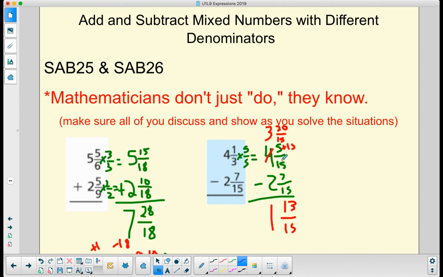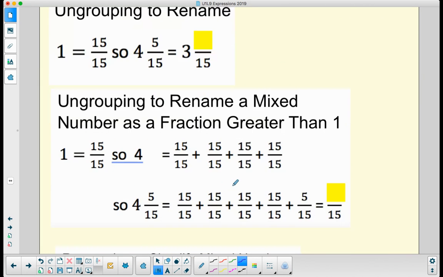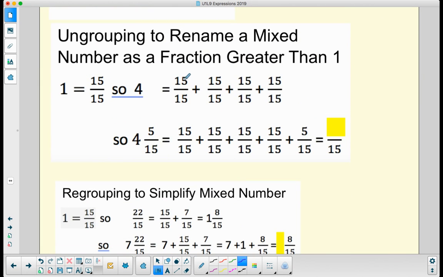When they got here, they changed them. So 4 wholes is how many 15ths? 4 wholes ends up being 15, 15, 15, and 15, or 60, plus 5 more makes 65.